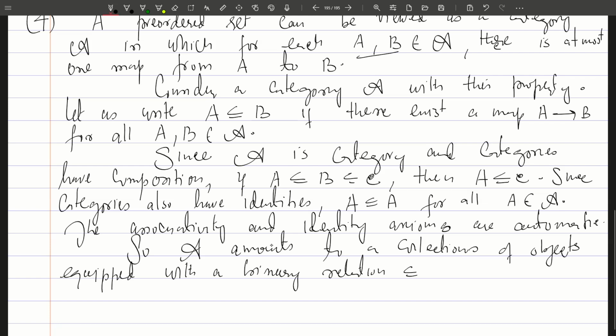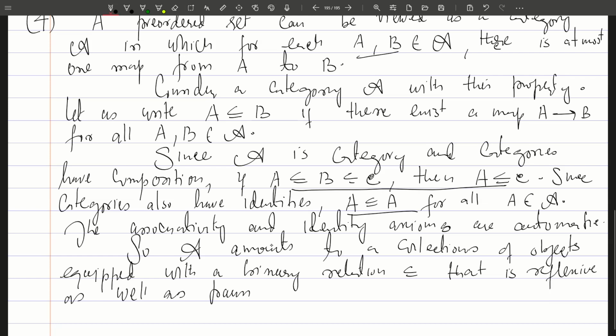And this binary relation, so we saw here, is transitive and reflexive. That is, reflexive as well as transitive. So if we look at the set A equipped with this order, this is a pre-order.